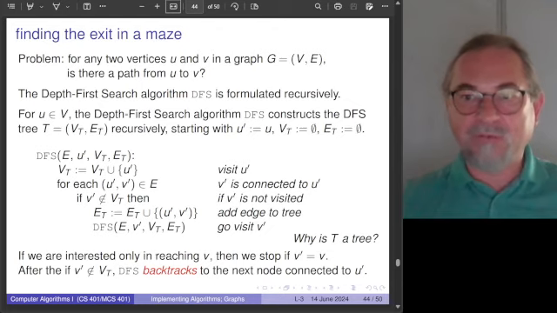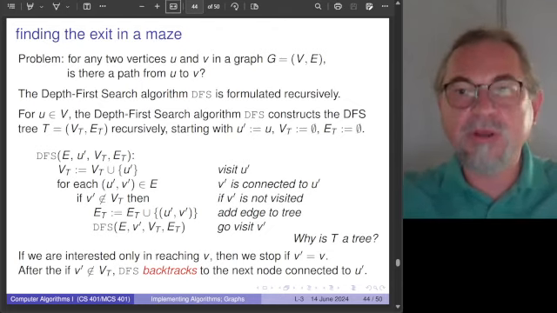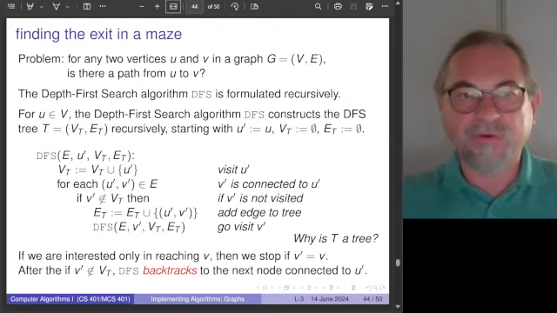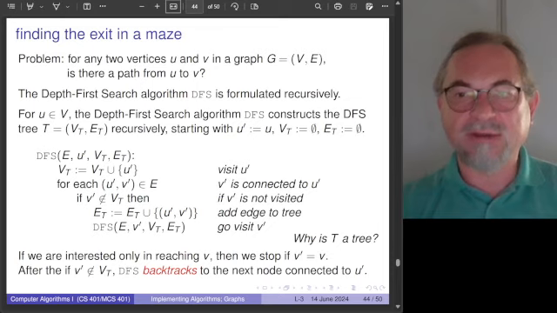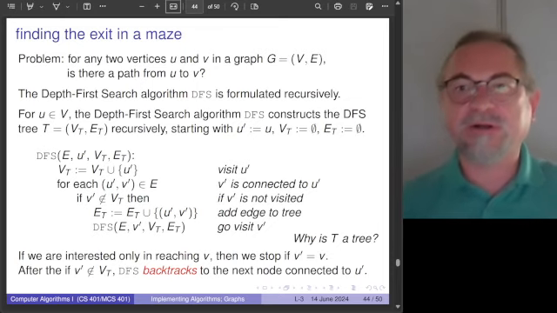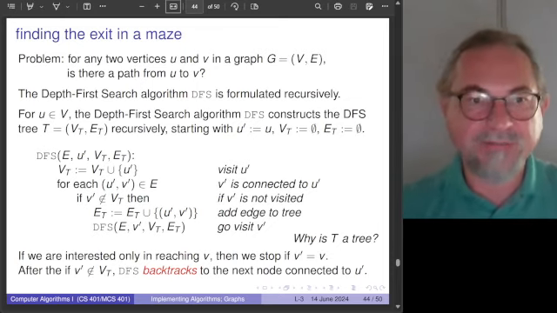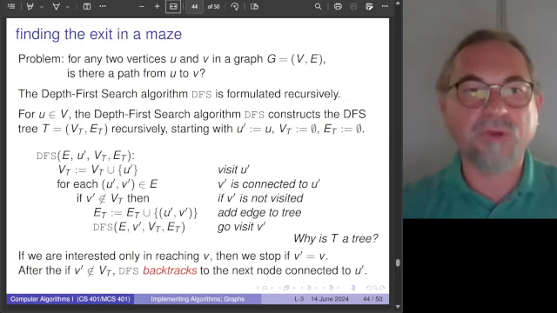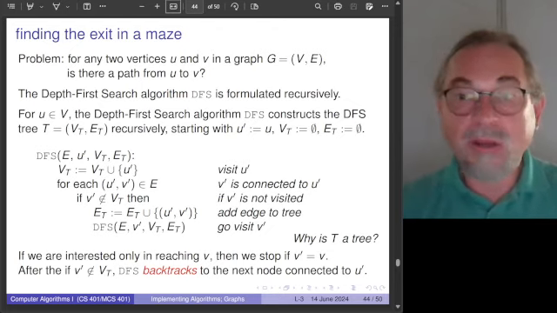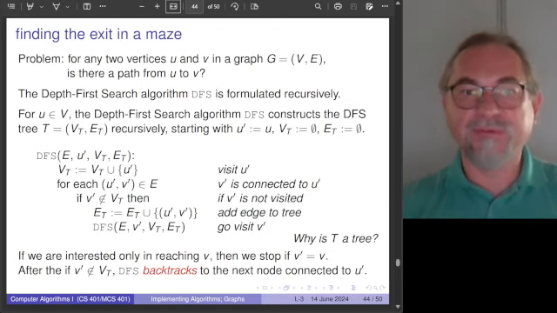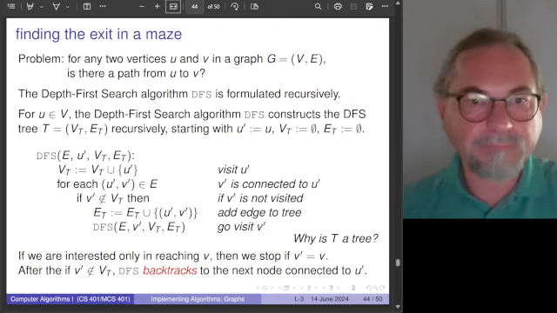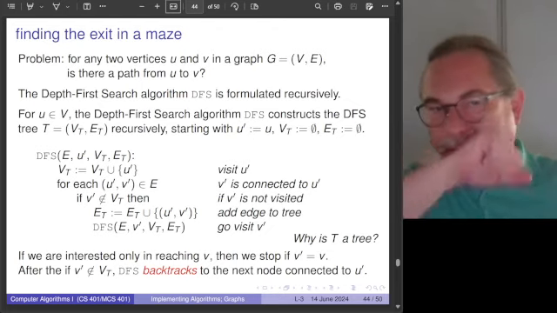You find yourself somewhere in a building and you want to get out as quickly as possible. You're not going to do the breadth first search. You're going to go systematically in one direction, going as far as possible from your origin. But it is the same problem that we solved as before. So given two vertices, is there a path from U to V?